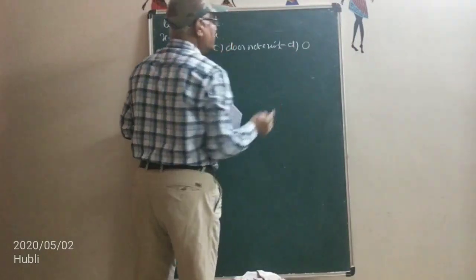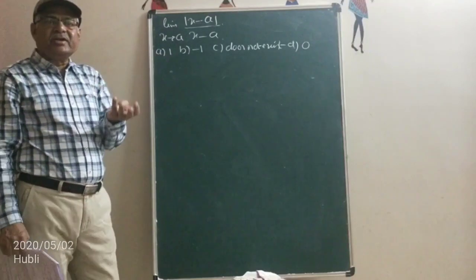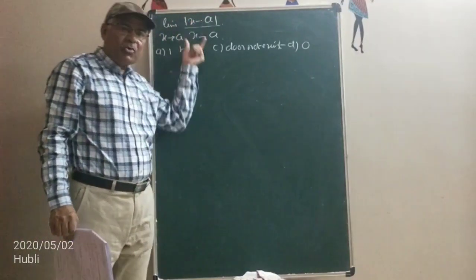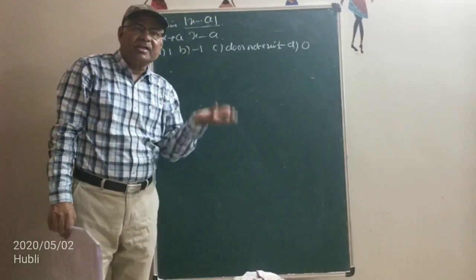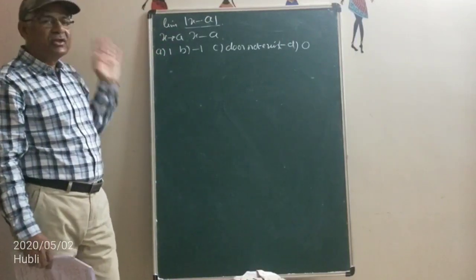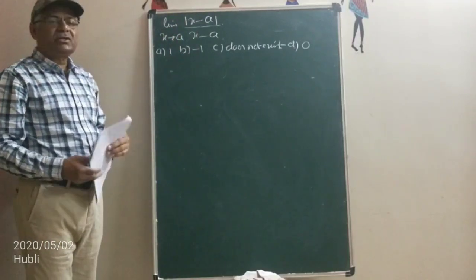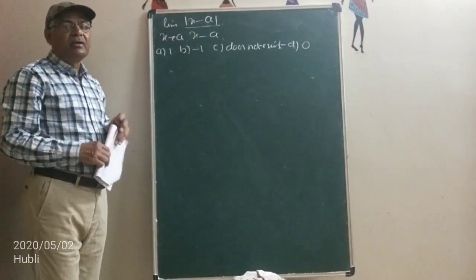Students, in the previous section I had told you, whenever the greatest integer function comes, whenever the modulus function comes, and whenever the signum function comes, limit does not exist. Straight away you can write limit does not exist. Even then, I'll just explain how the limit does not exist.